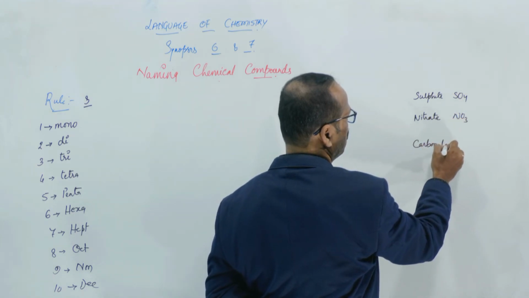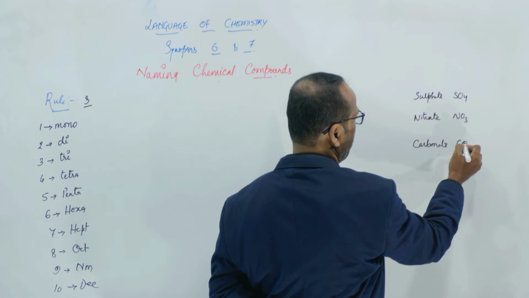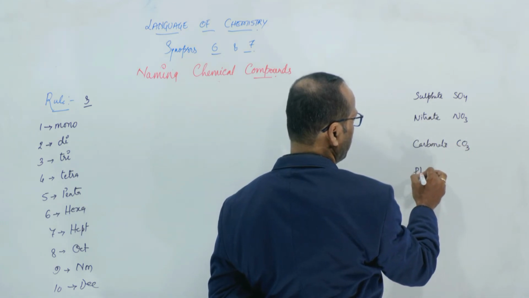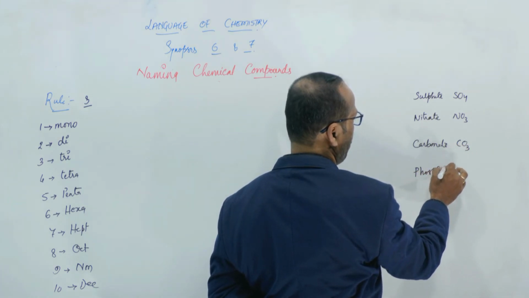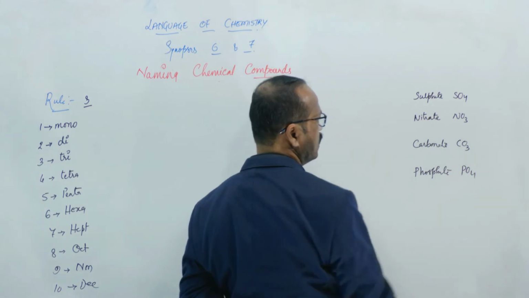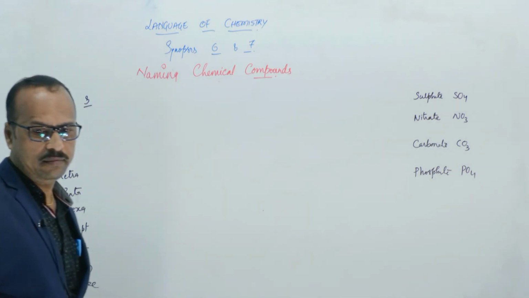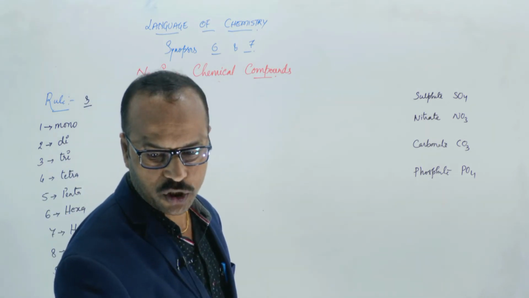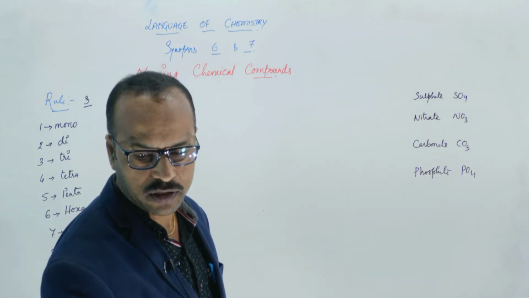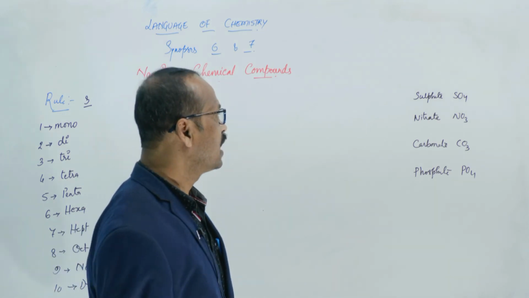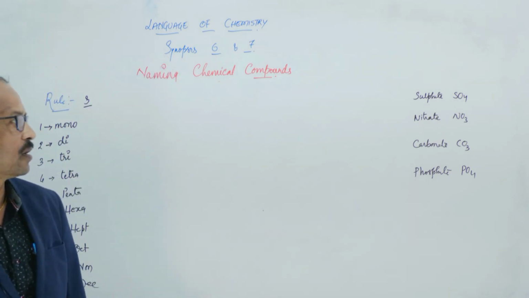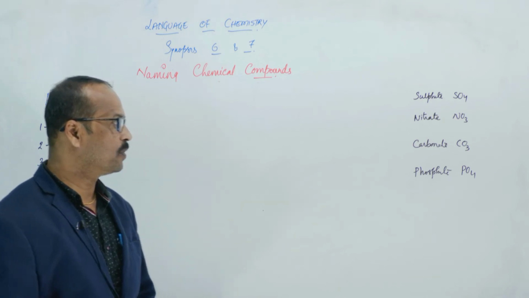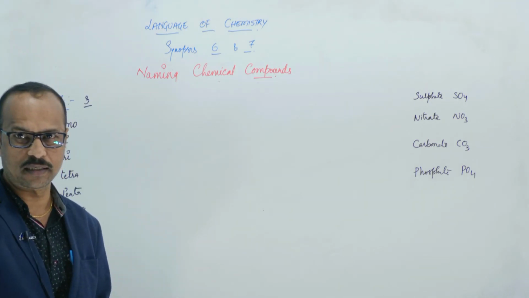Carbonate, CO3. Phosphate, PO4. We discussed this already in the cations and anions. Sulfate, SO4, nitrate, NO3, carbonate, CO3 and phosphate, PO4. Like this we discussed.